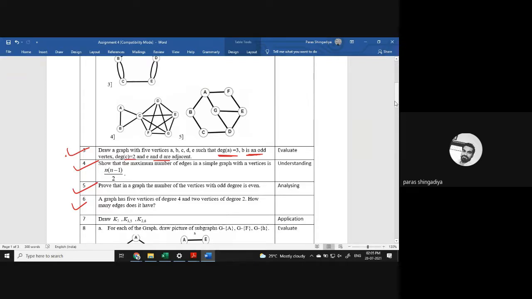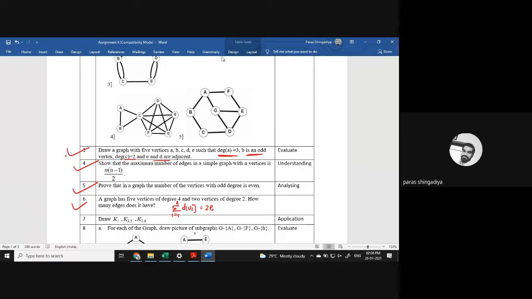We have one relation between degree and number of edges: the sum from i equals 1 to n of degree of vi is 2 times the number of edges. This statement is valid, and we already proved it. You have to use this to check the number of edges. E means number of edges.